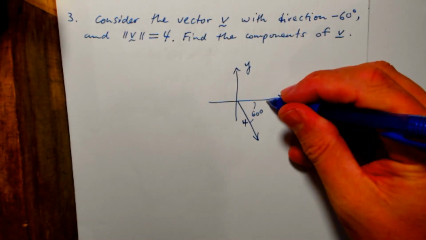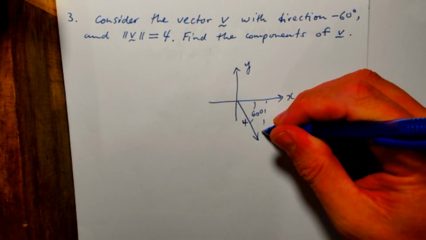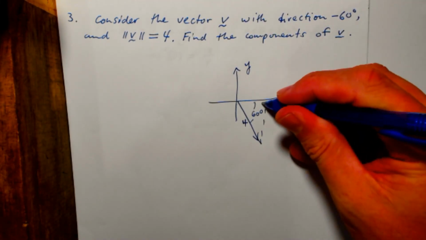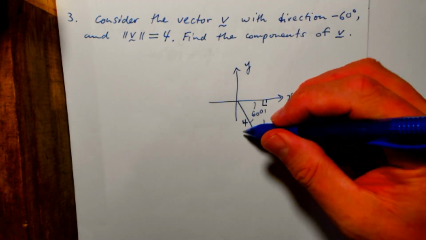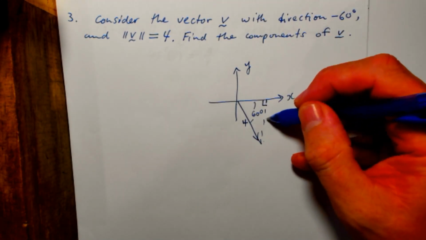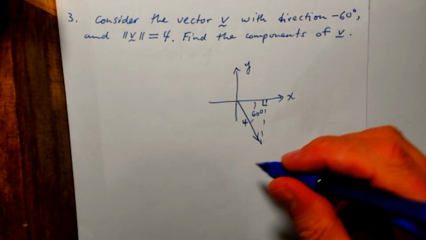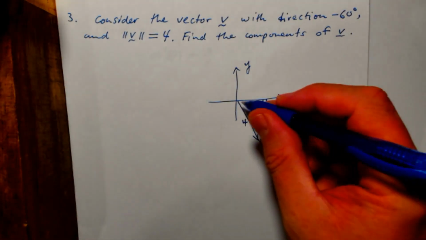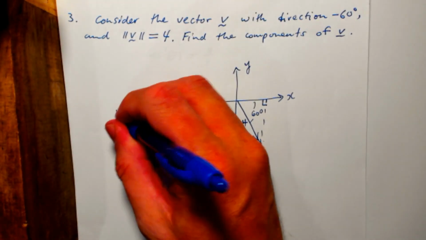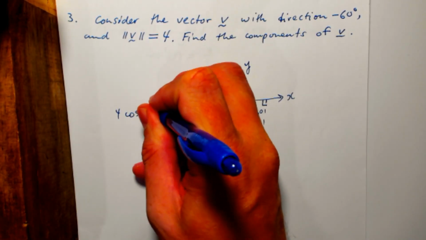Alright, so I'm going to sketch a little triangle here, of side length 4, and we need to work out the side lengths of these two sides. So what we have then is that this side is 4 cos of 60 degrees.